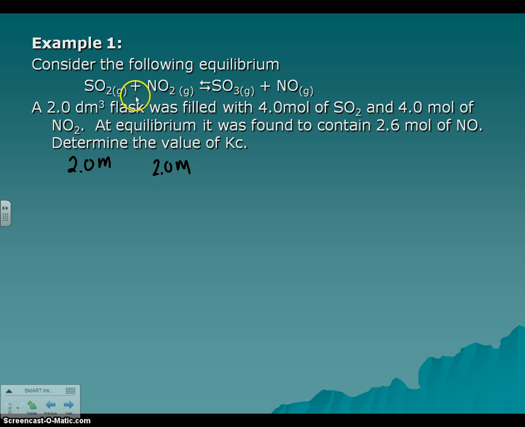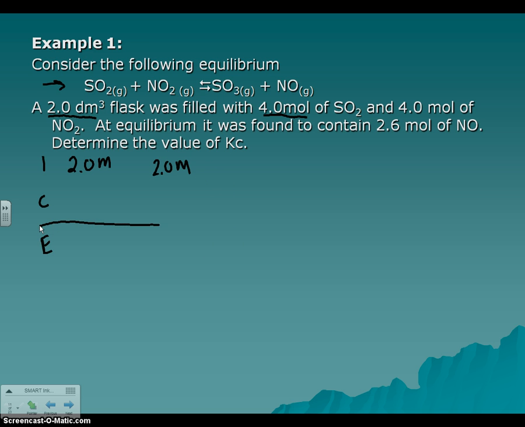So what I'm doing here is, here's my balanced reaction. I'm using this to start to set up my ICE table. So those are my initial concentrations. If you're not sure how I'm getting these initial concentrations, it's telling me the volume of the flask. Decimeters cubed is the same thing as liters, and it tells me how many moles I have of each one. So I can use that to easily calculate my molarity.